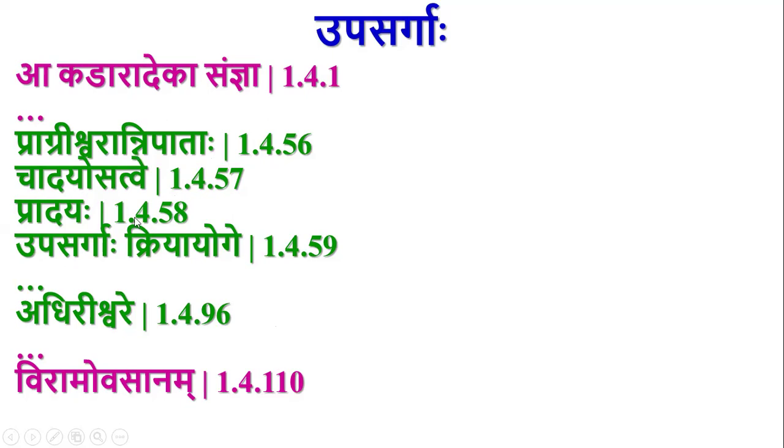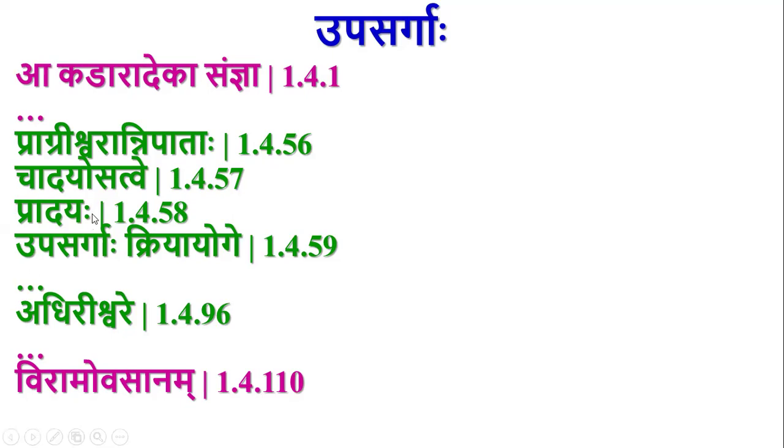In this section, the next sutra is chadayo asatve. Chadayah is a gana in which cha is the first word, cha and others, and they are called nipata. Asatve means when they are not used to indicate a dravya, a material.